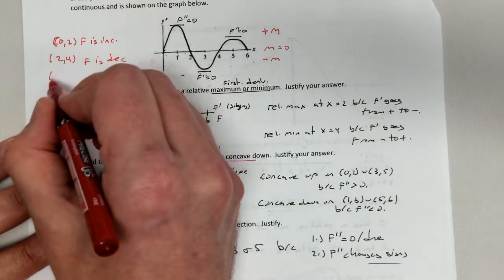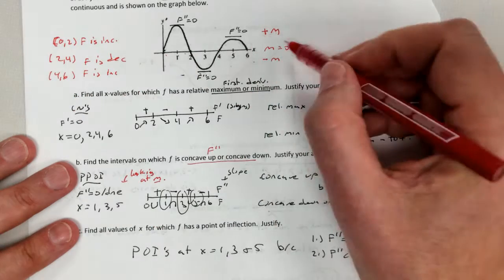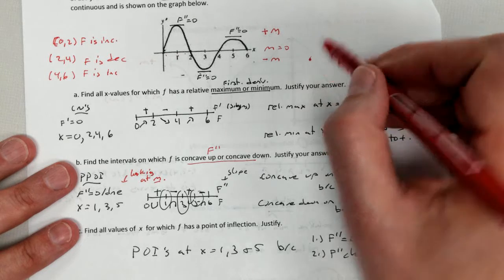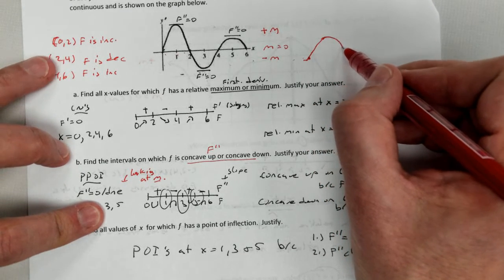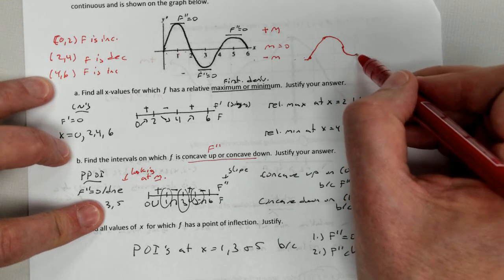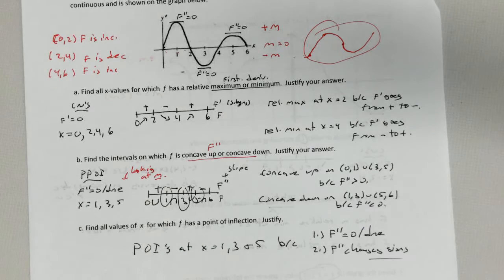And between 4 and 6, we know f is also increasing. So I have an idea that the function is going to go up, and at 2, it's going to turn around to decrease, and then at 4, it's going to go back up again. So I have a rough outline of what the graph could look like, but we could do better than that. So let's take a look here.